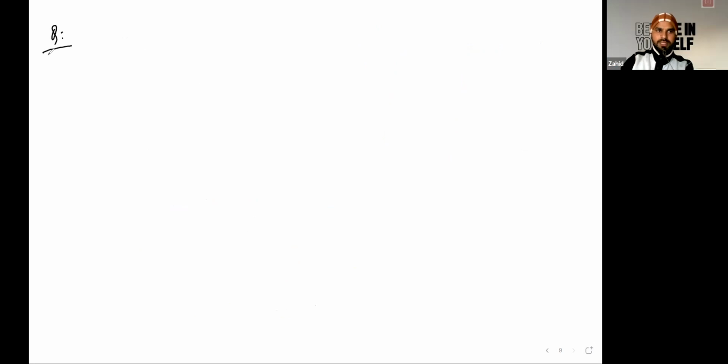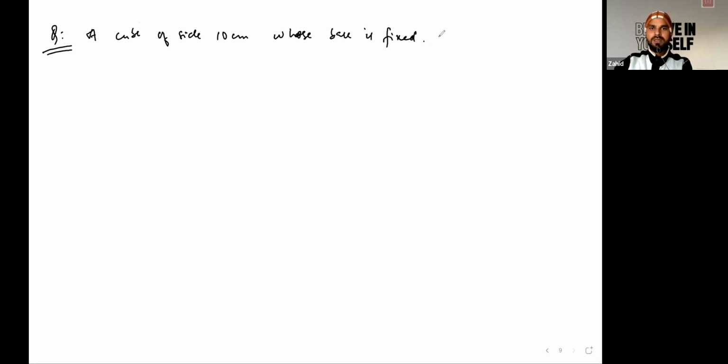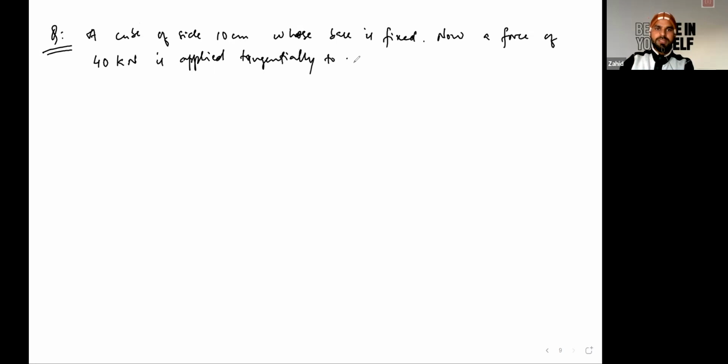Let me give you a question related to this. Suppose you have a cube of side 10 centimeter whose base is fixed. Now, a force of 40 kilonewton is applied tangentially to its top.